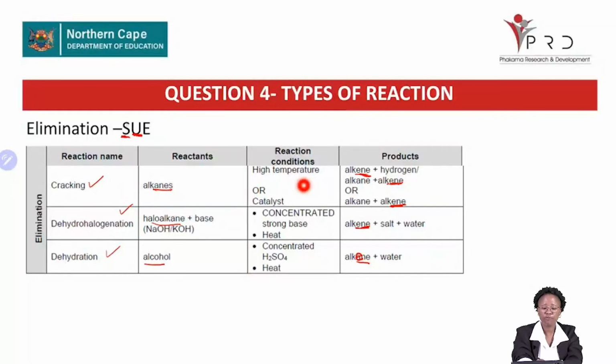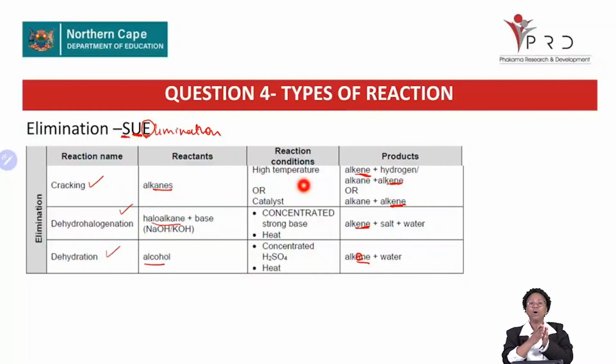So when you are moving from a saturated reactant to an unsaturated product, the type of reaction will be elimination. Then the next thing you're going to be looking at is, what did I eliminate? Remember, elimination means removing something from a formula. Now, what is it that you will be removing?